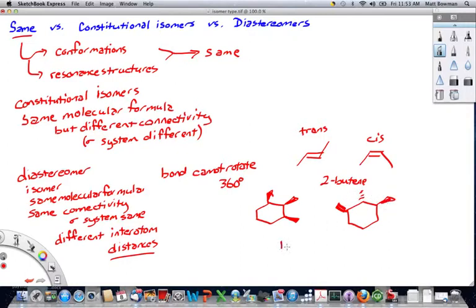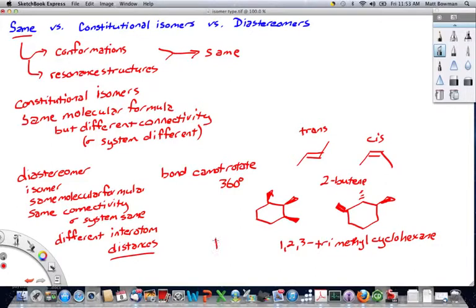Both of them answer to the name of 1,2,3-trimethylcyclohexane. But on one you have the methyl groups on the same face. On the other one, 2 of the methyl groups are on the same face. The other one's on the opposite face.